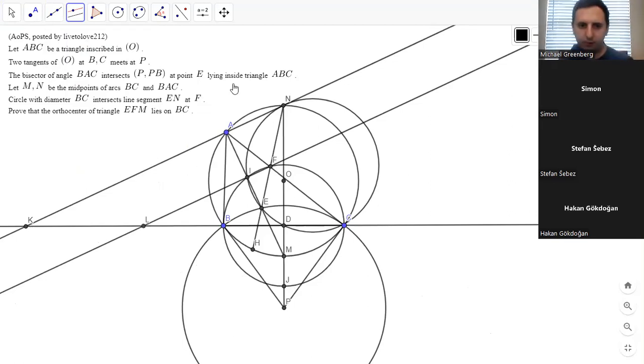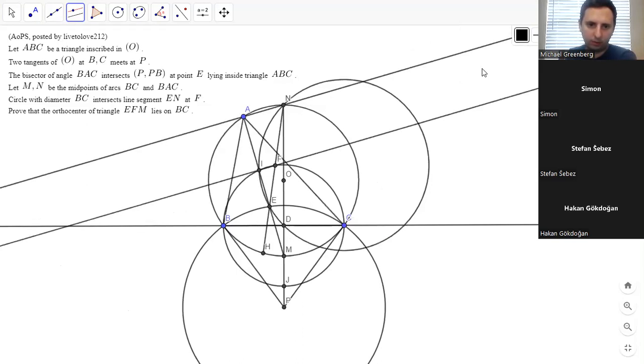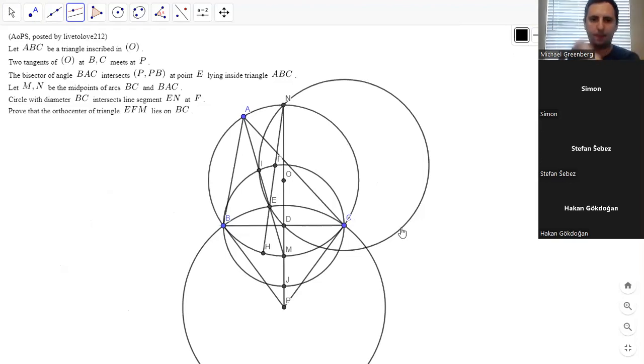I guess the whole reason I did this is because these would be a harmonic bundle, then IB, IC. Yeah, but this wouldn't work. Okay, let me get rid of that for now.